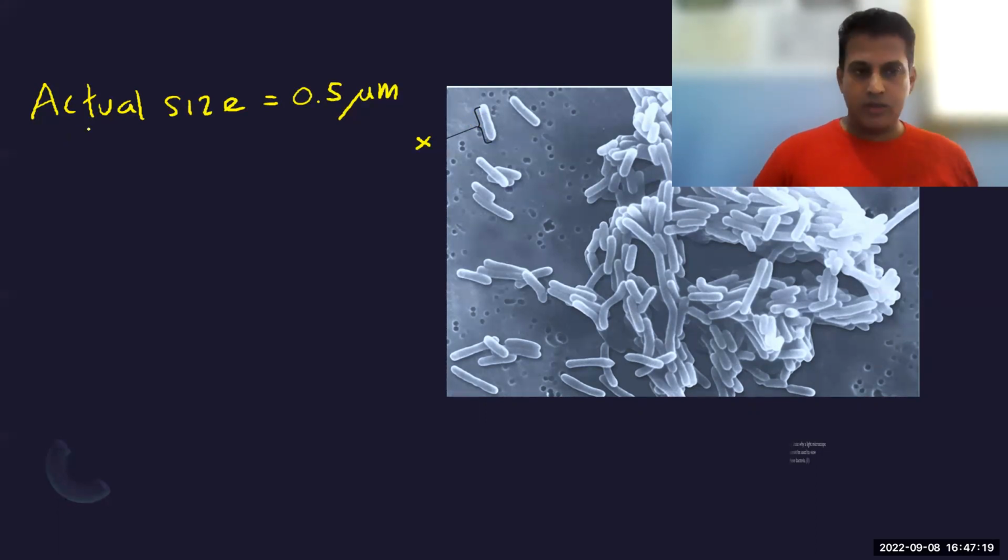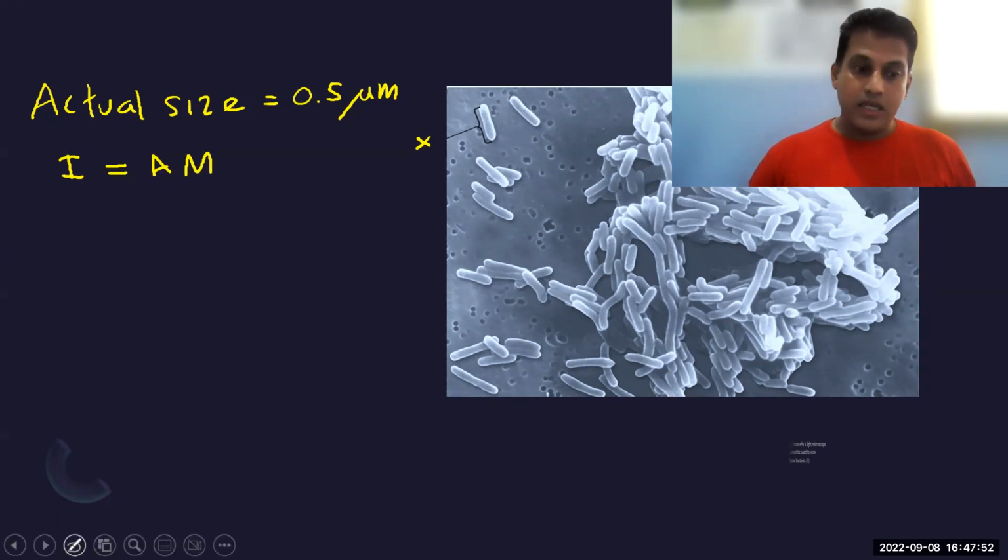We always use this equation to calculate actual size, magnification, or image size. But image size, if it is given in the picture, we can always measure the length of the image. What is the equation? The equation is A M equals I. So I equals A times M, right?